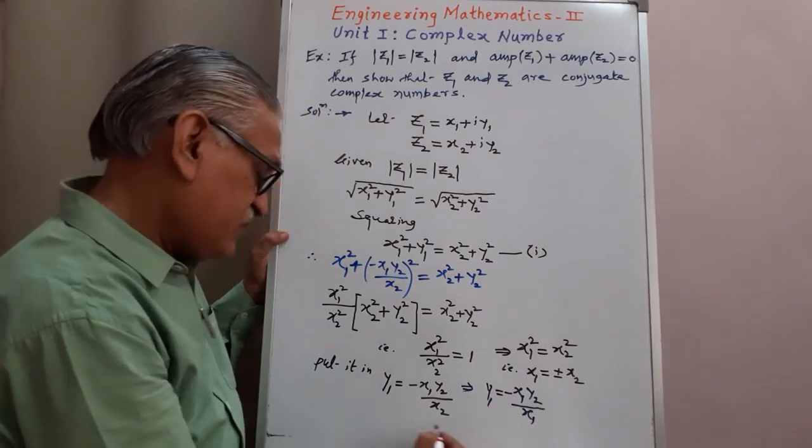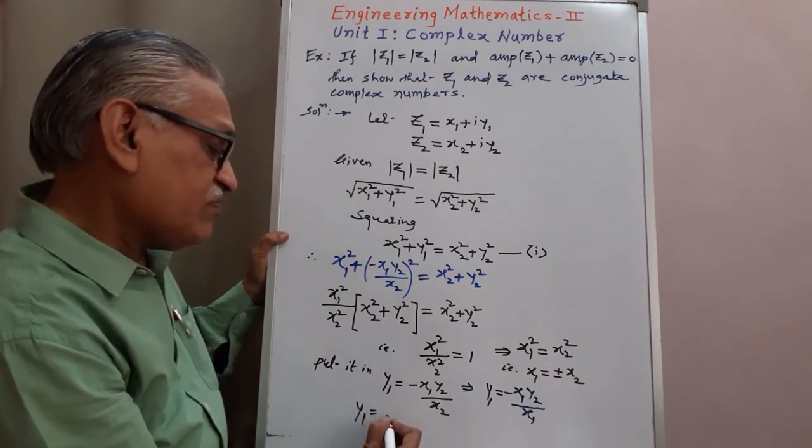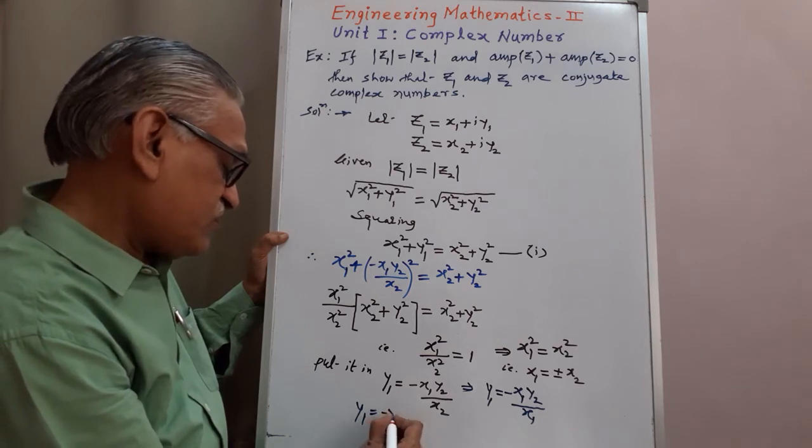X1 gets cancelled, we get y1 is equal to minus y2.